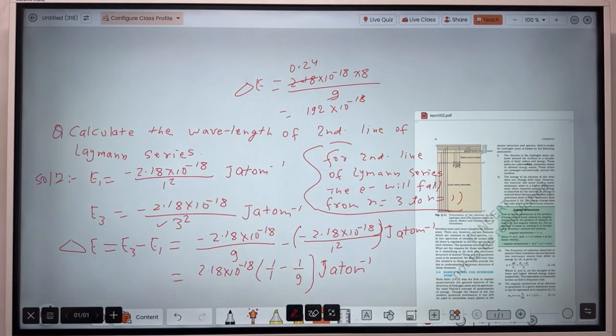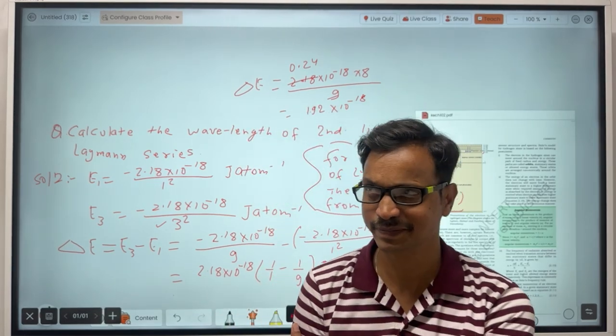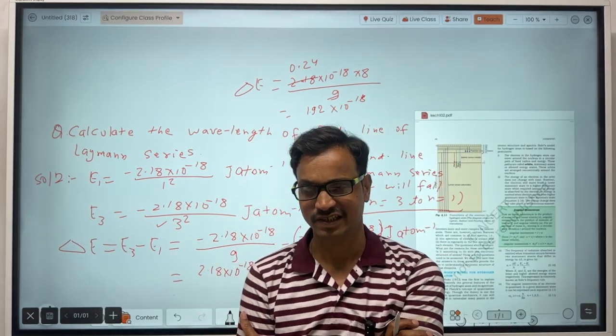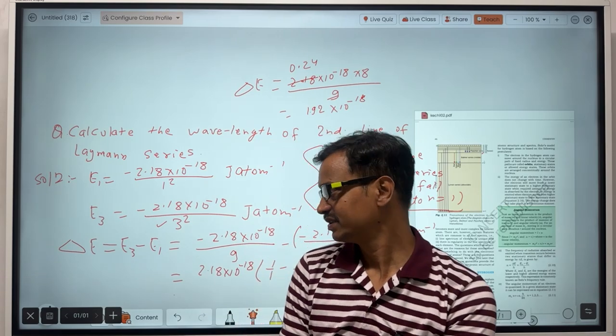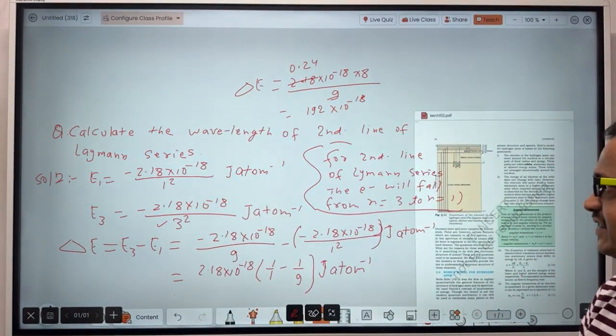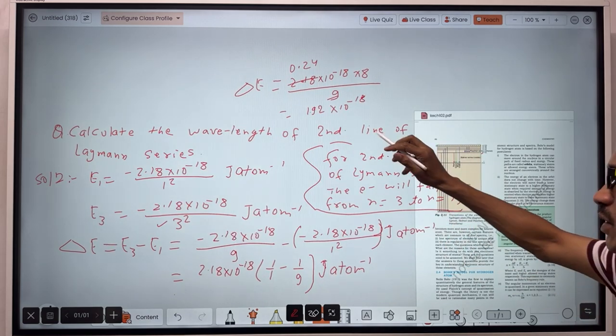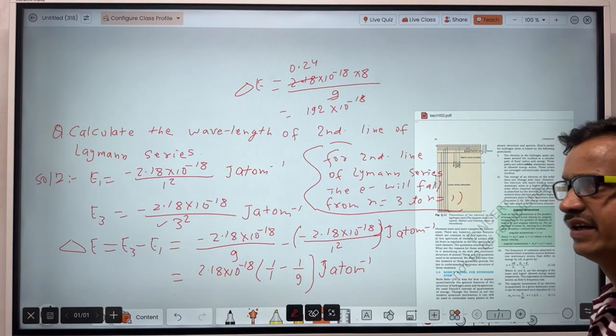That is the energy released by the electron, and the energy released by the electron will be equal to the energy radiated from the atom. So the energy difference here is 1.92 into 10 to the power minus 18.